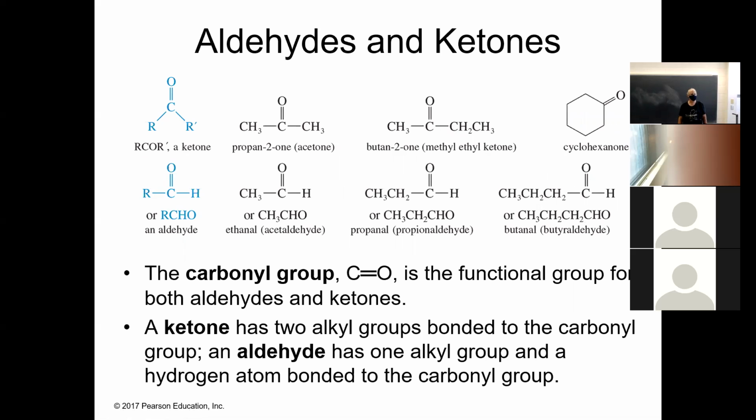Okay, a CO double bond occurs very commonly in organic compounds. The CO double bond is not really a functional group, but it's a part of several functional groups. CO double bond is called a carbonyl group. And 2 functional groups that contain the carbonyl are aldehydes and ketones.